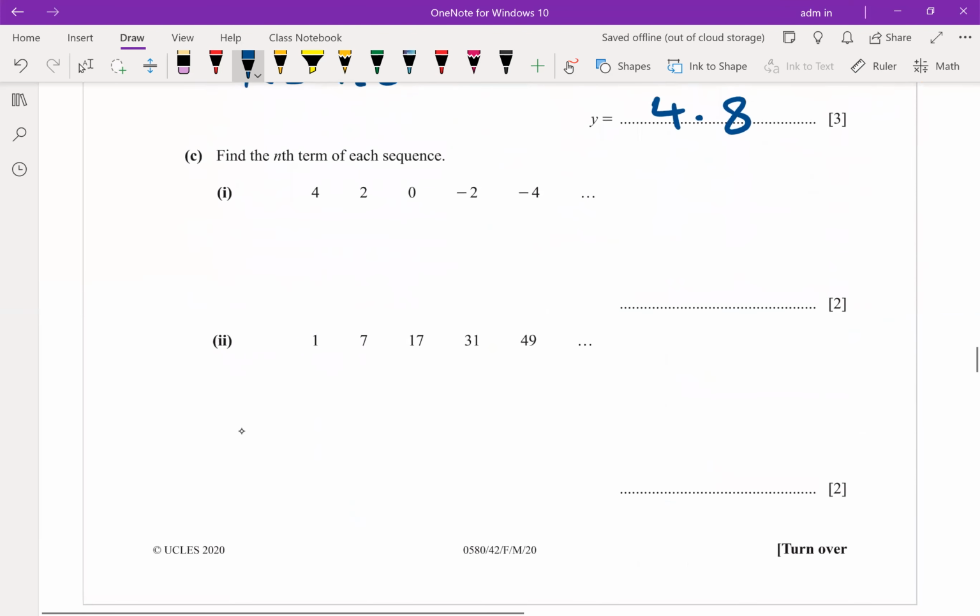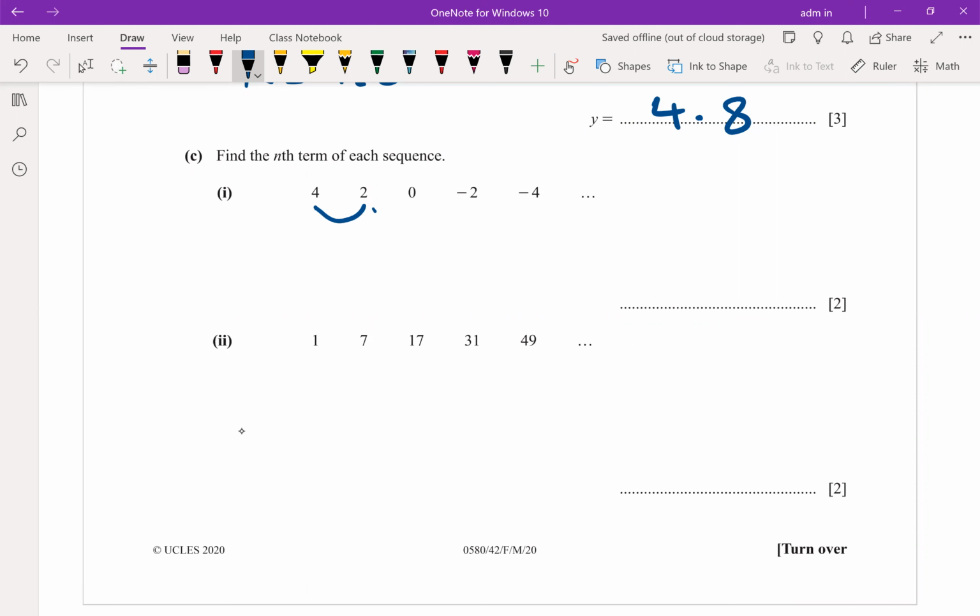Find the nth term. Part 1. What is the nth term? Is it an arithmetic sequence, quadratic sequence, or geometric sequence? Is it constant difference or not? 4, 2, 0, minus 2, minus 4.